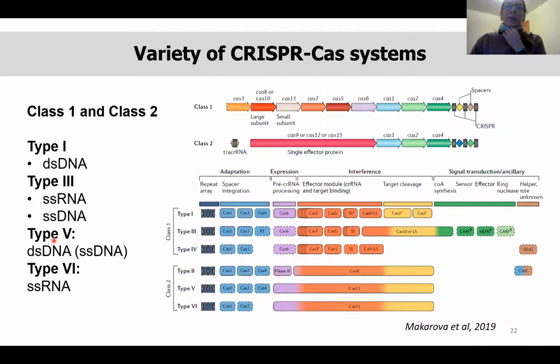And there is type 5, which targets single-stranded and double-stranded DNA, and type 6. So Cas9 is here, as you see, the only one out of the 6 types. So there are many, many others.